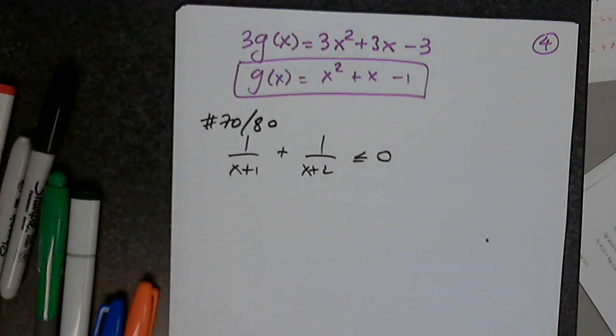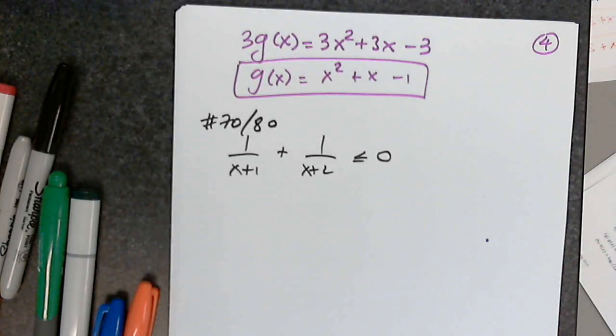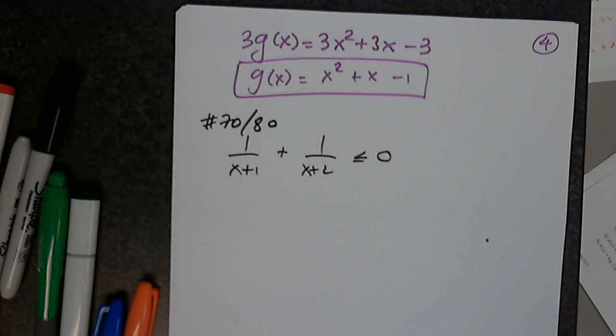What is the first step that goes through my mind? The first thought? It's going to be 1 over x plus 1 plus 1 over x plus 2 less than or equal to 0. What is the first step? What can't be x? Make sure it's equal to 0.